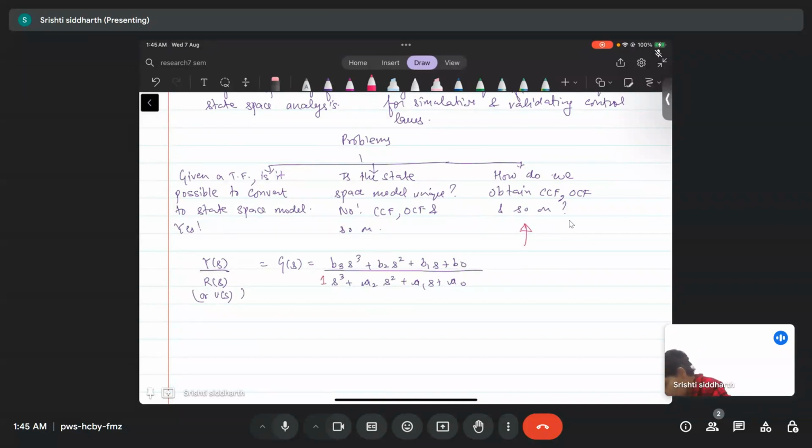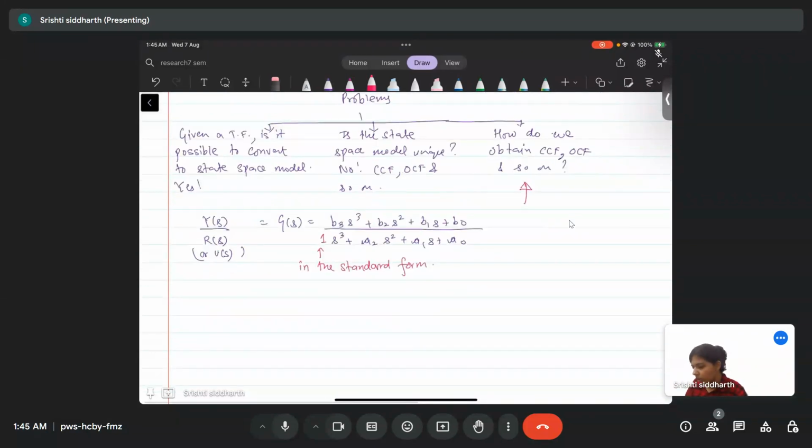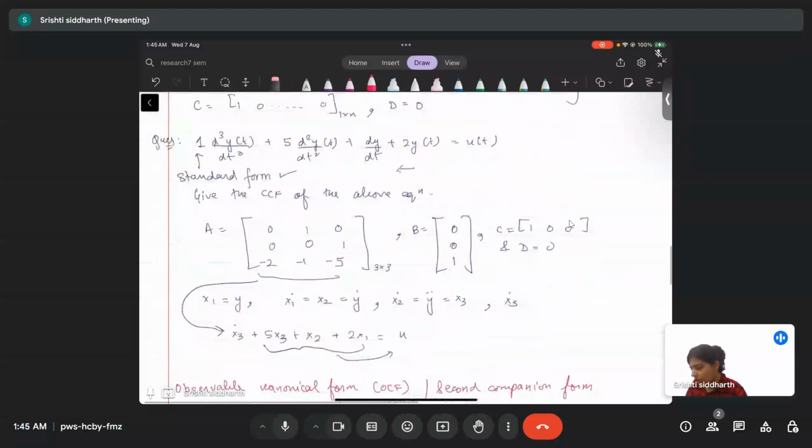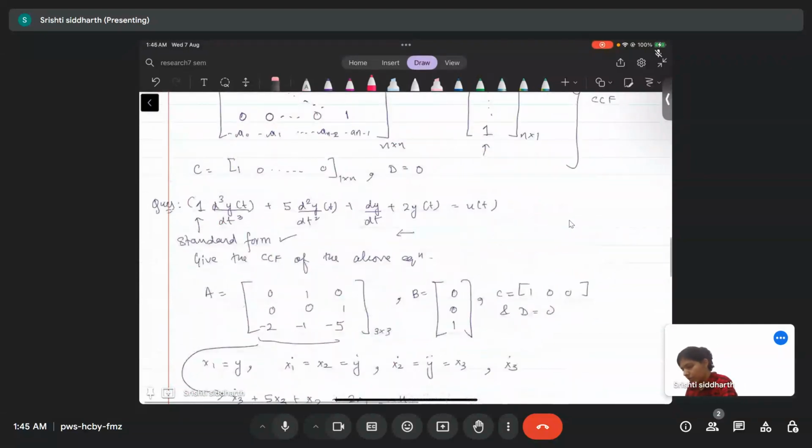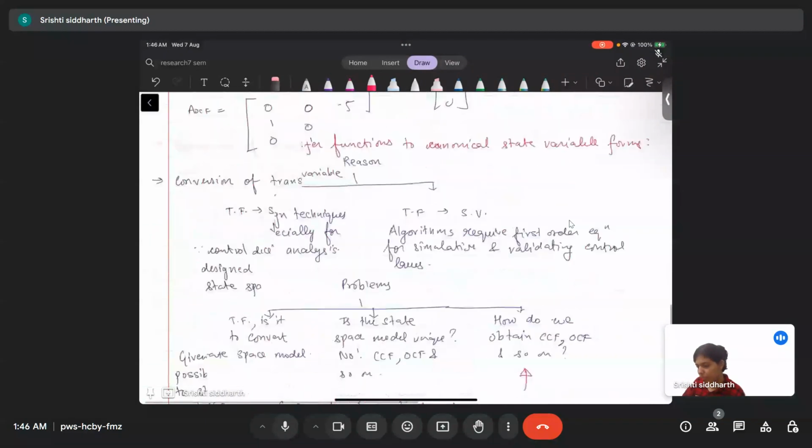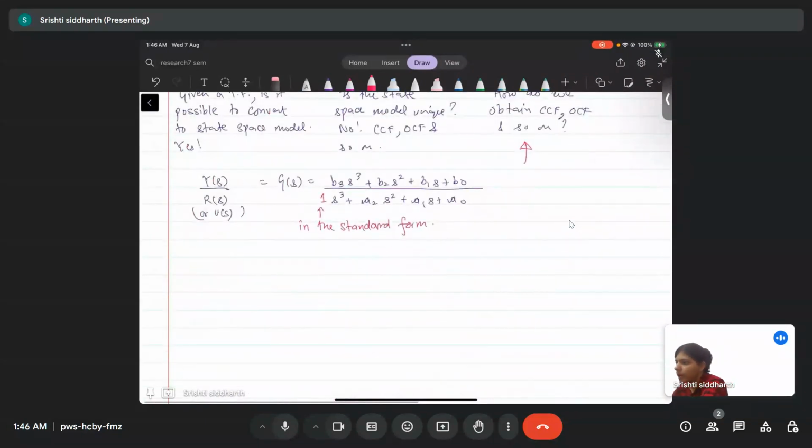Just note that the leading coefficient is 1 in standard form, and it was also 1 when we were talking about the differential equation. The coefficient of the highest order was 1. Alright.